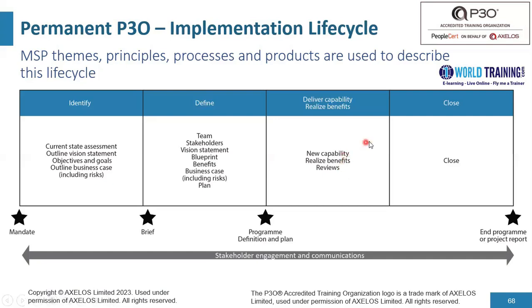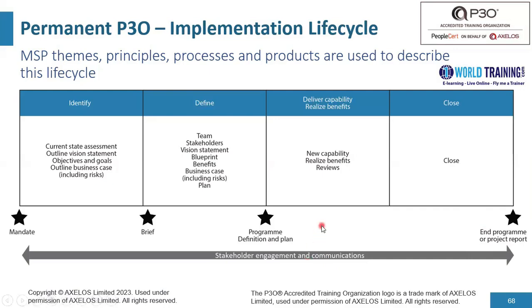And the moment we come to the last tranche of delivery, we make sure that we plan effectively for closing the program. At the end of the closing phase, we create our end program or project reports, and we make sure that we engage with stakeholders and we communicate across different layers across the life cycle of the program. So that's a big picture understanding of the program implementation life cycle.